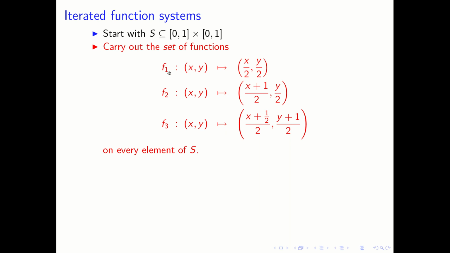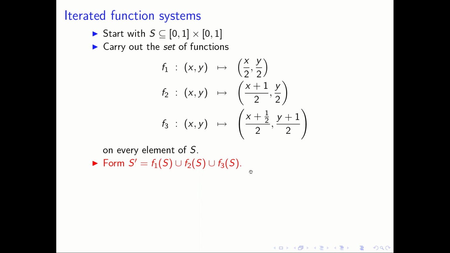When we are doing this, we do this not on one point (x, y), but we do it to every element of S. So I get f1(S), which is take every element of S and apply f1, this function, on every one of them, f2(S), f3(S), 3 copies which are shifted. And then you get a new S prime, which is the union of all of this.